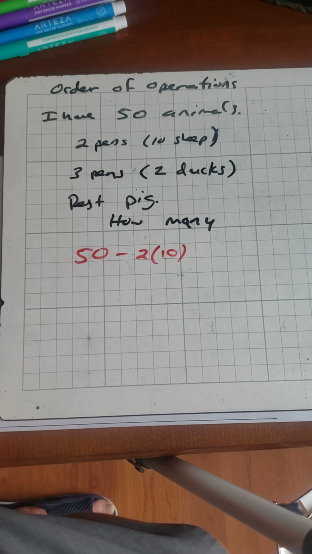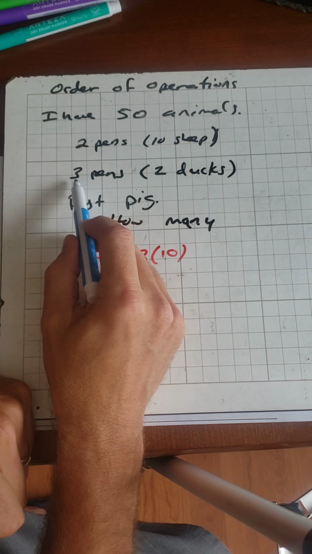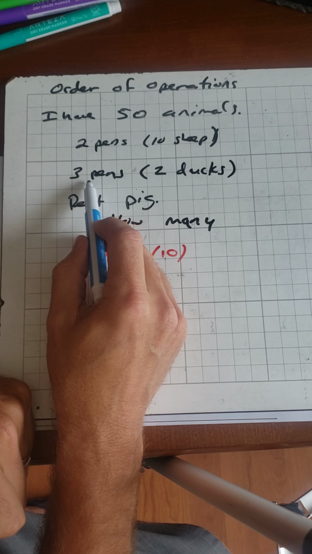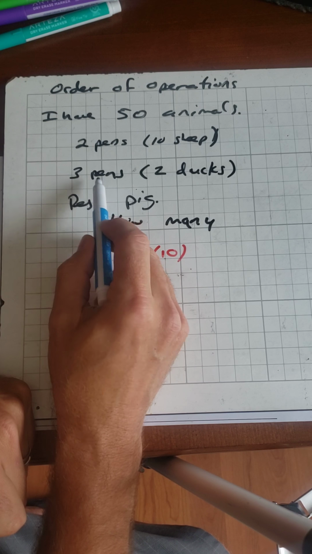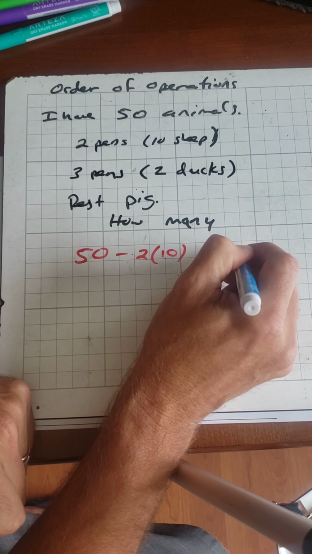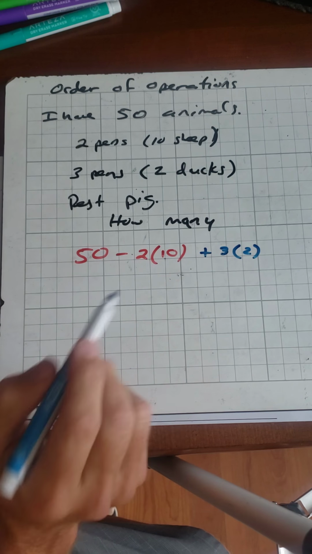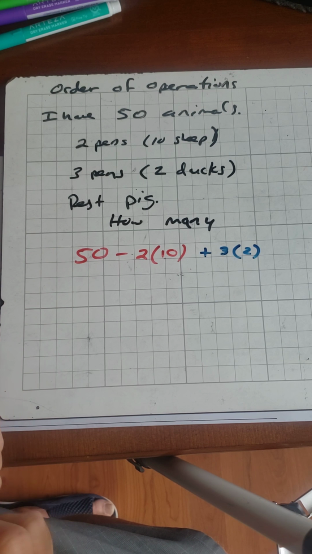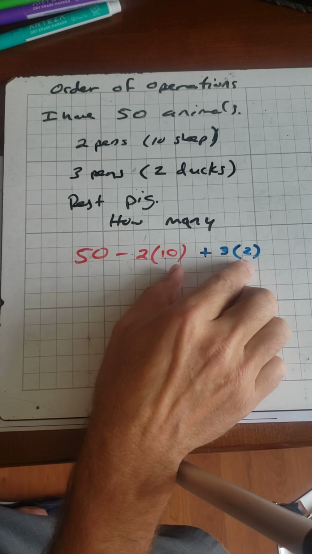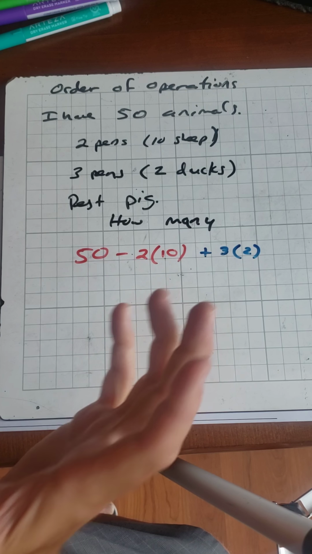And then beyond that, I have 3 groups of ducks, and inside each of those groups, there's 2 ducks. And whatever's not in these 2 groups of pens are my pigs.